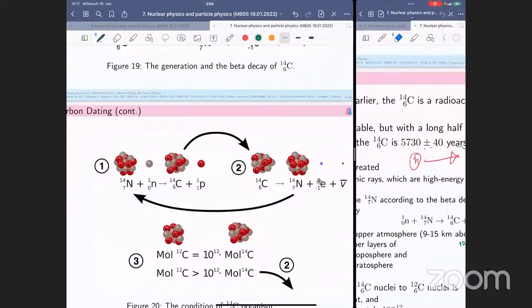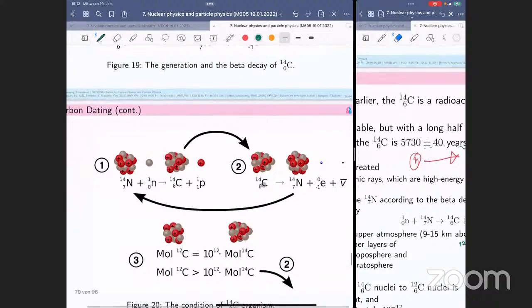They change themselves to become nitrogen with an electron and an electron neutrino. This process takes place all the time, but while you are alive you also take carbon 14 into your body, so it remains stable and balanced. But once you stop breathing, the input will not take place.